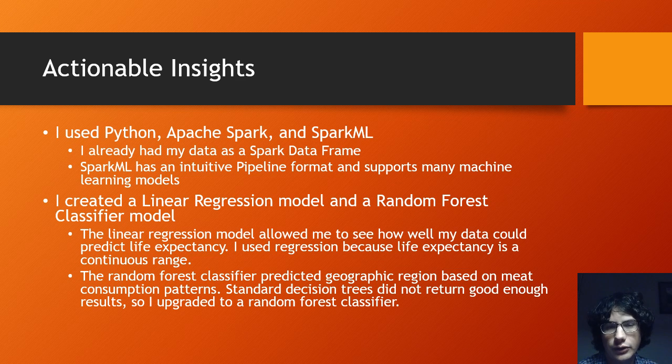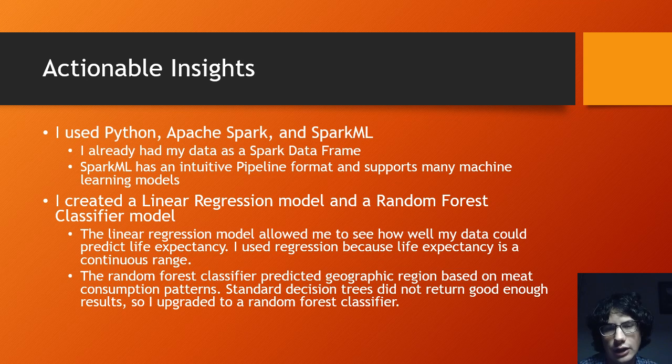My first model was a linear regression model, looking at how well all my other data points minus HDI rank could predict life expectancy. I used regression in this case because life expectancy has a continuous range, starting in the 50s to the 80s. And then for my second task, I used the random forest classifier to predict what geographic region the country was in based on the meat consumption patterns of that country.